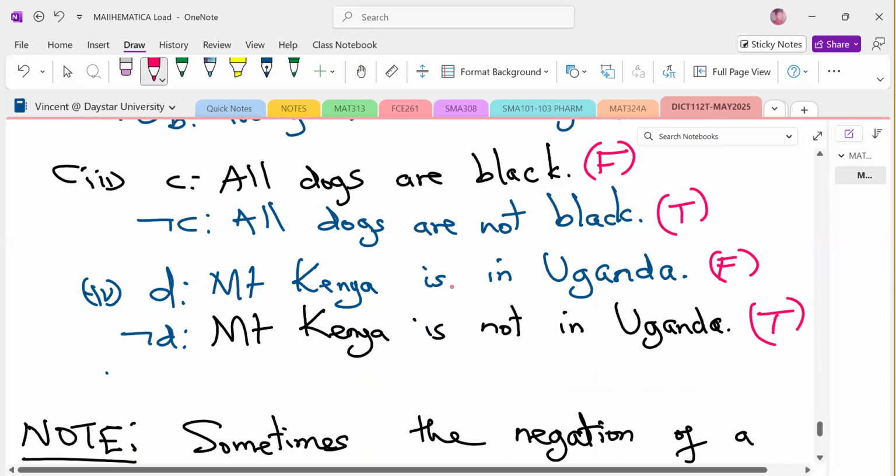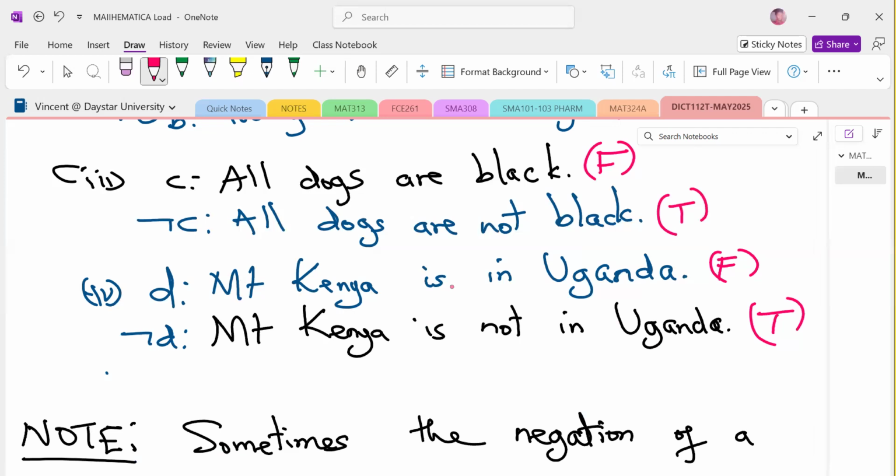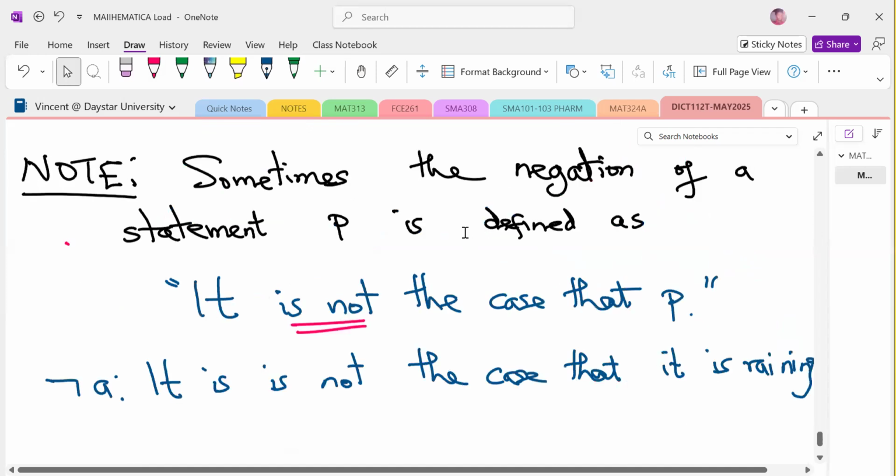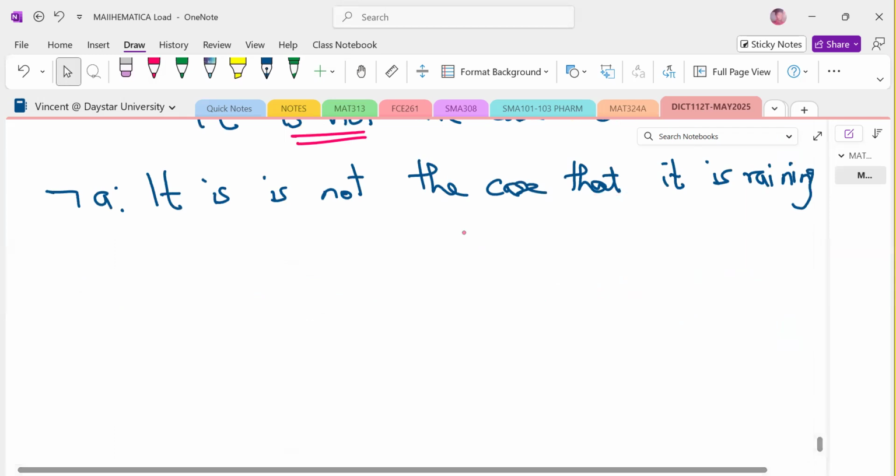If the truth value of a statement is true, then what do you expect to be the truth value of its negation? False. And when the truth value of a statement is false, the truth value of its negation is true. Correct.